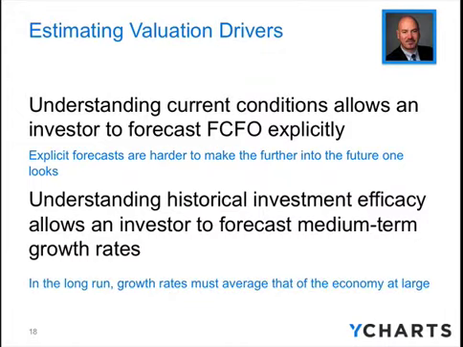Now, in the long run, growth rates must average that of the economy at large. This is just the point that after a firm gets to be a certain size, it takes huge investments to move the needle even a little bit. Eventually, the company should be growing just about at the same rate as the economy overall.